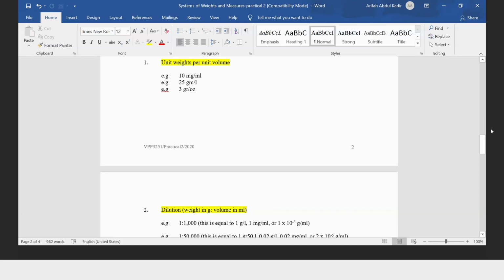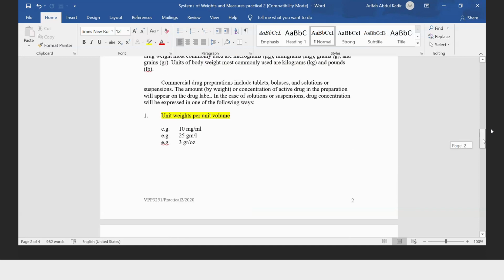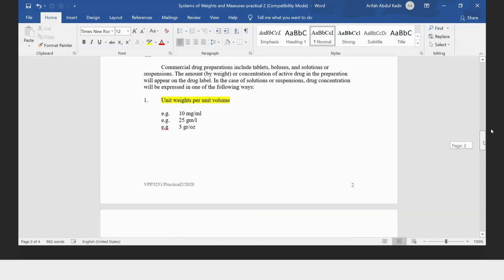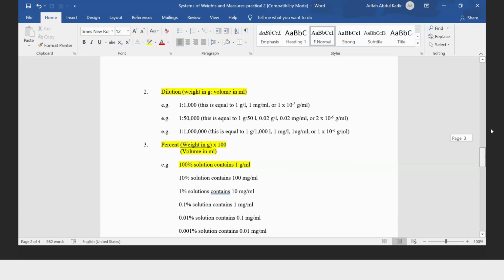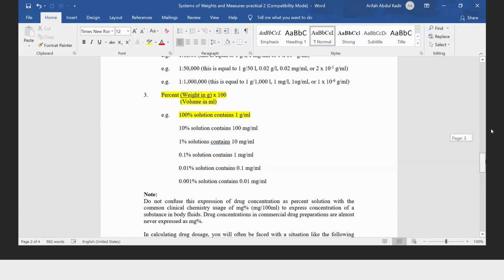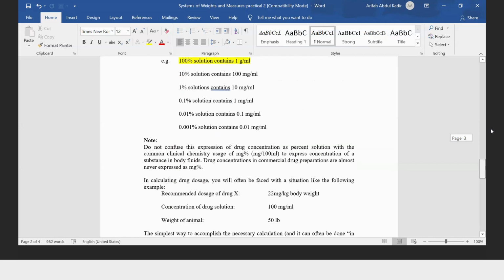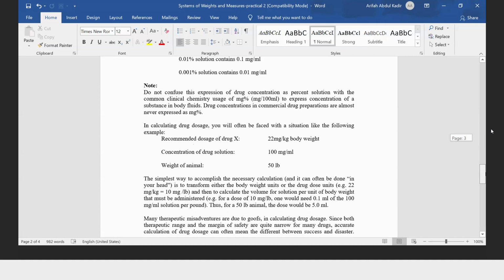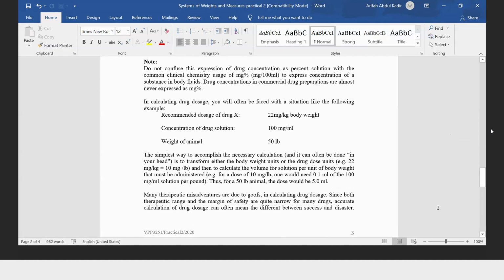Okay, so these are the 3 forms. Unit is straightforward. The second one is dilution, the third one is percentage. Some notes here: milligram per ml.